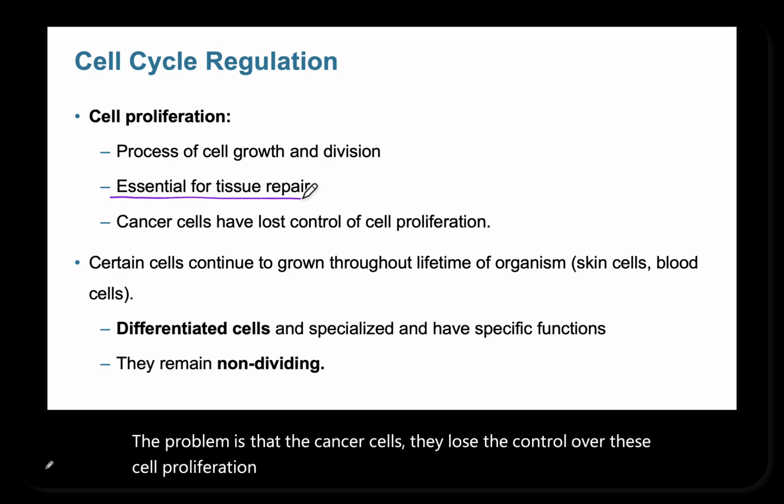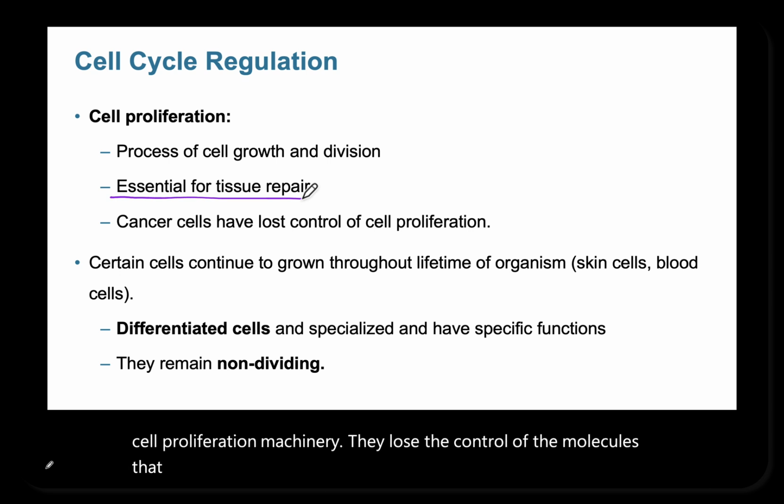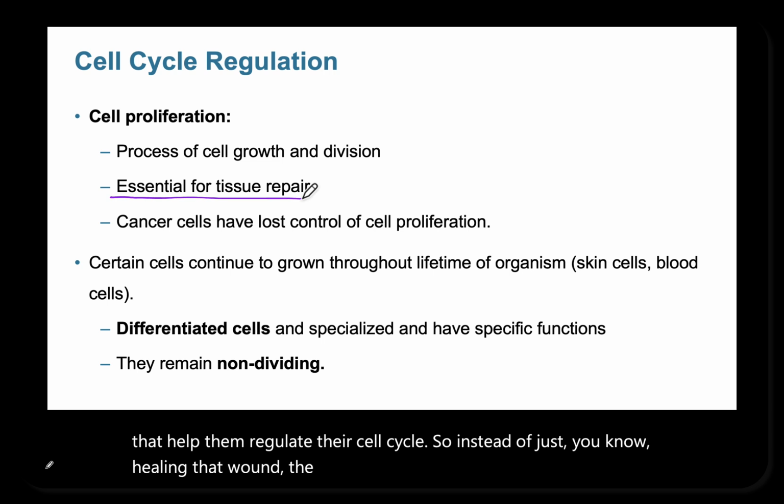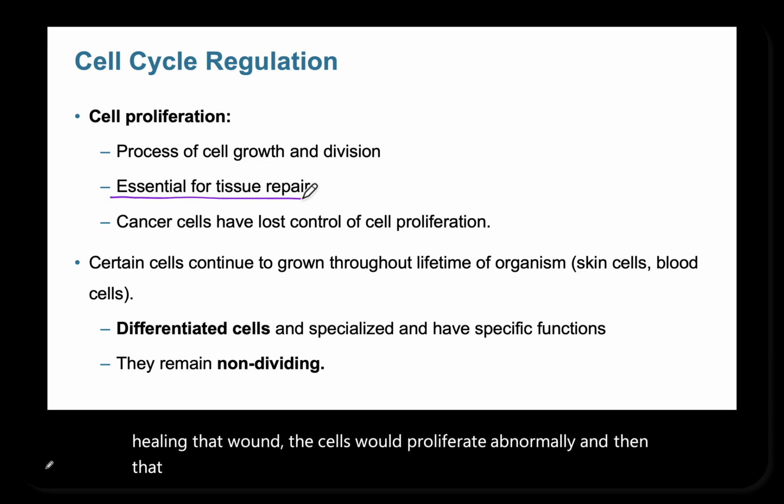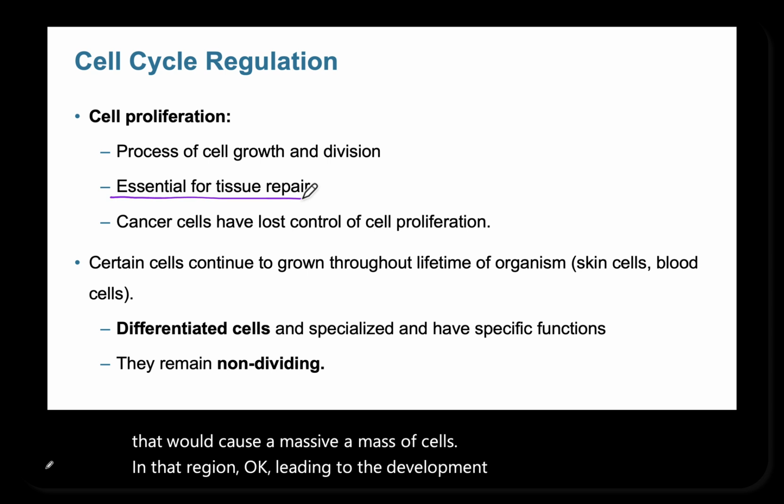They lose the control of the molecules that help them regulate their cell cycle. So instead of just healing that wound, the cells would proliferate abnormally, and that would cause a mass of cells in that region, leading to the development of a tumor.